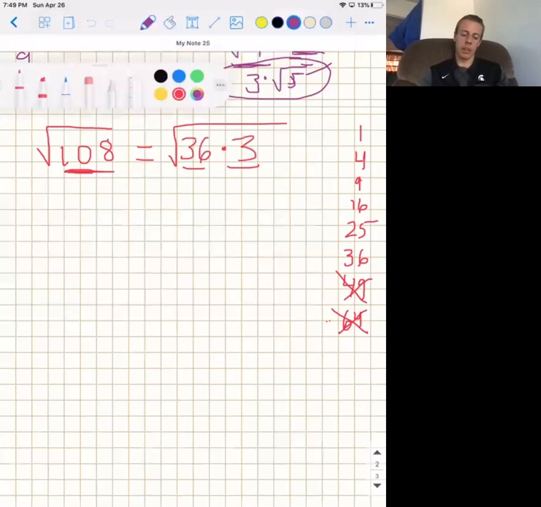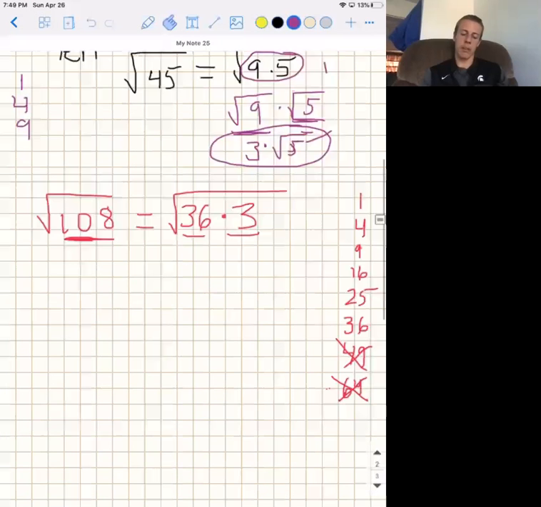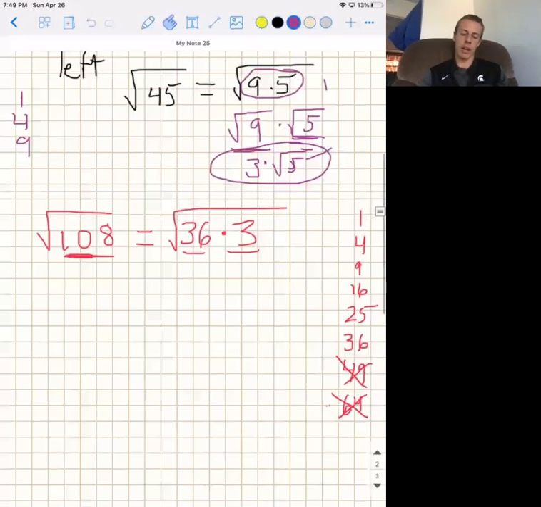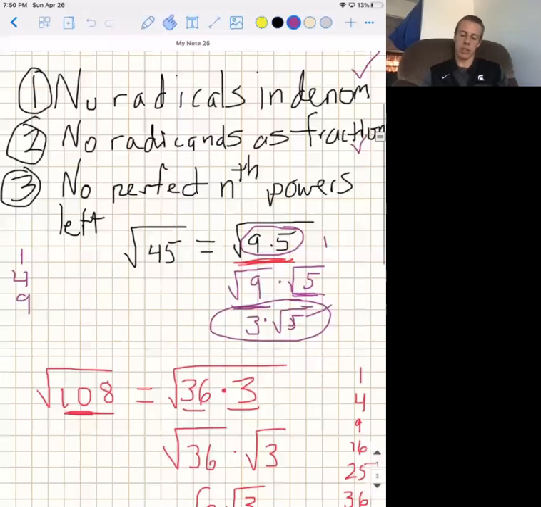Now, if we look at what we did in the example above, one property of radicals is that when you have a multiplication statement, you can split it up into the square root of 36 times the square root of 3. And so our radical in simplest form is 6 square root 3. And we know this because if we go back to our conditions, well, there's no denominator, check.